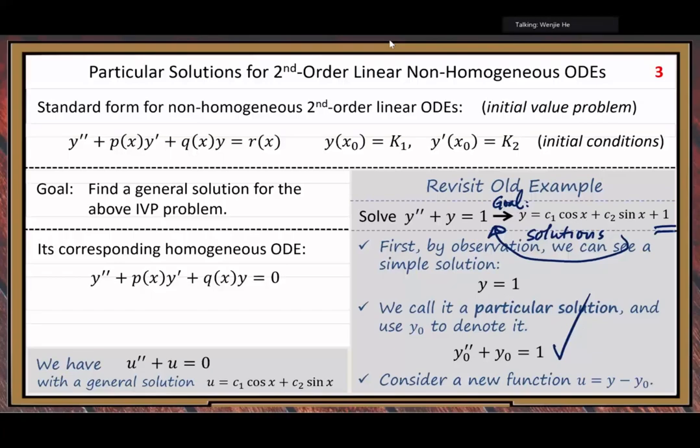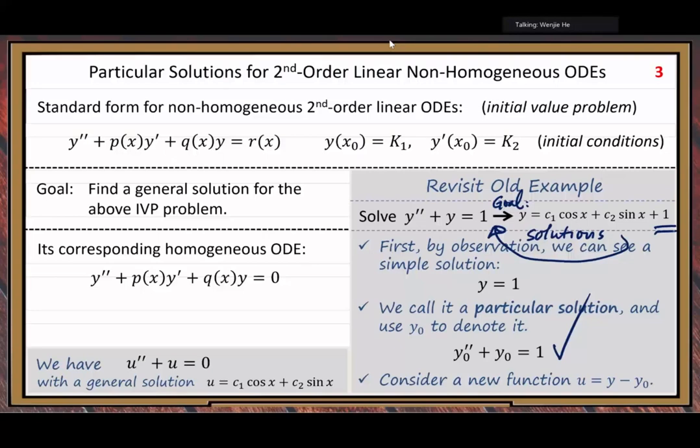For the arbitrary case, later I need to find a chance to talk about numerical solution. The reason is that a formula-based solution like this, we call an analytic solution, because you have concrete formulas.